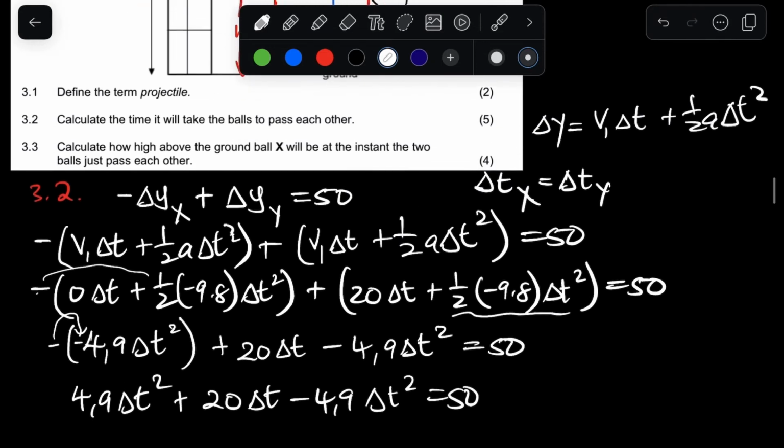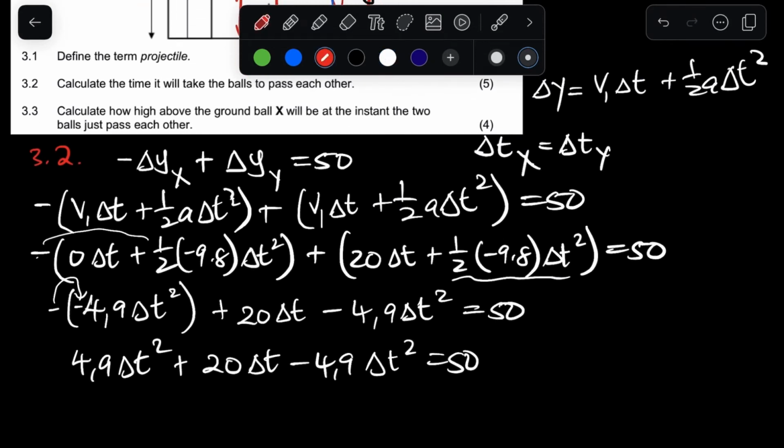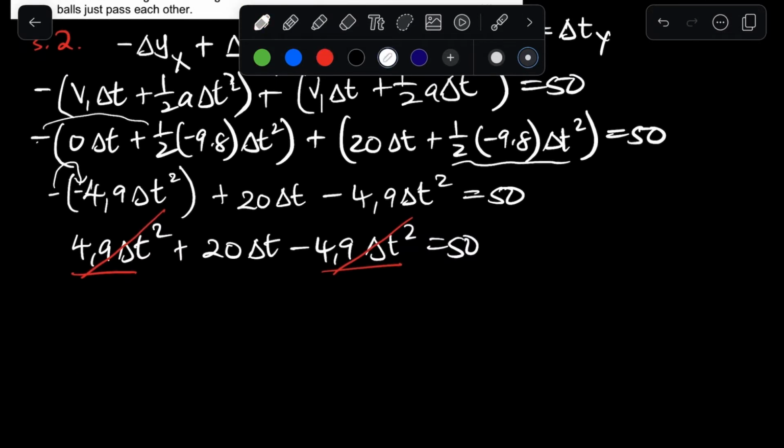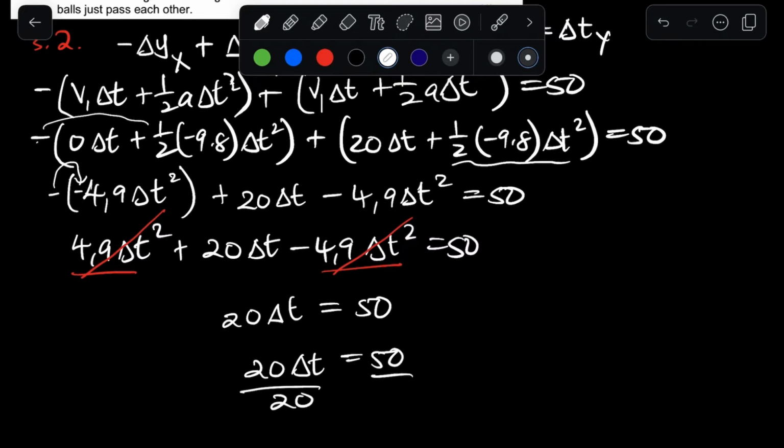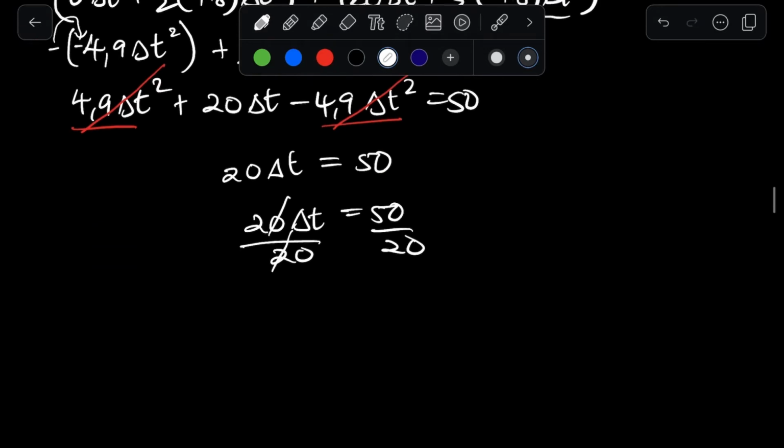As you can see there, you have the like terms. The like terms here, it's this and this, and they have opposite signs. These two are going to cancel. You're going to be left with 20 change in t equal to 50, and then we divide by 20 both sides.